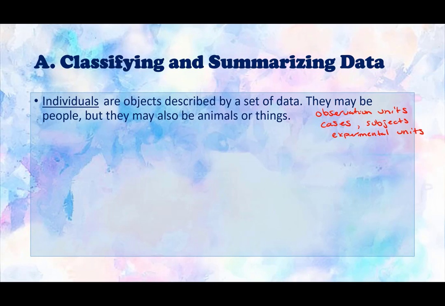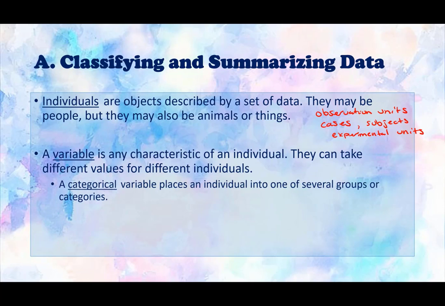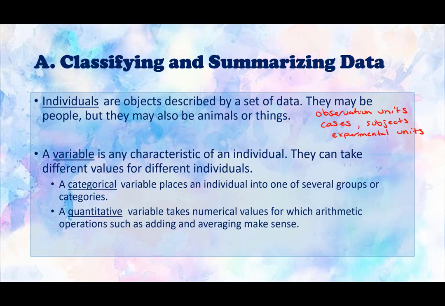A variable is any characteristic of an individual. Whatever describes the individual is a variable, and variables can take on different values for different individuals. We have categorical variables, which place an individual into one of several groups or categories. And we have quantitative variables, which take on numerical values for which arithmetic operations such as adding and averaging make sense.